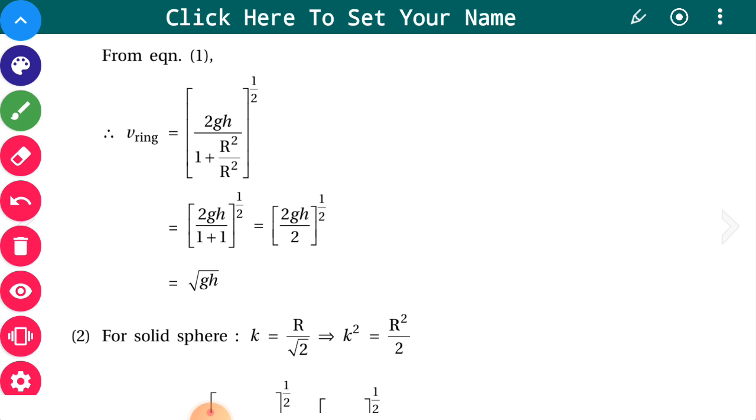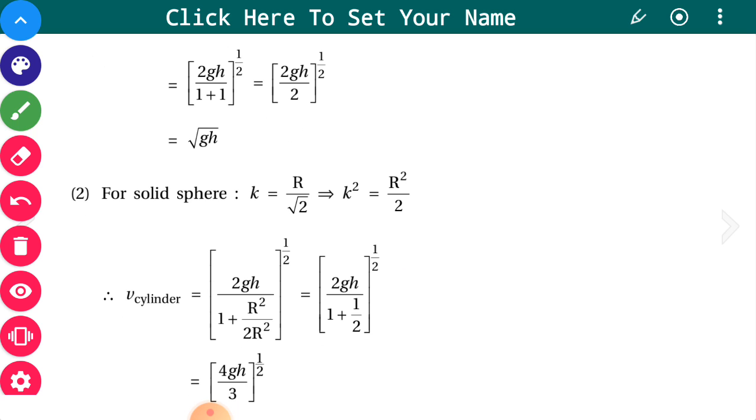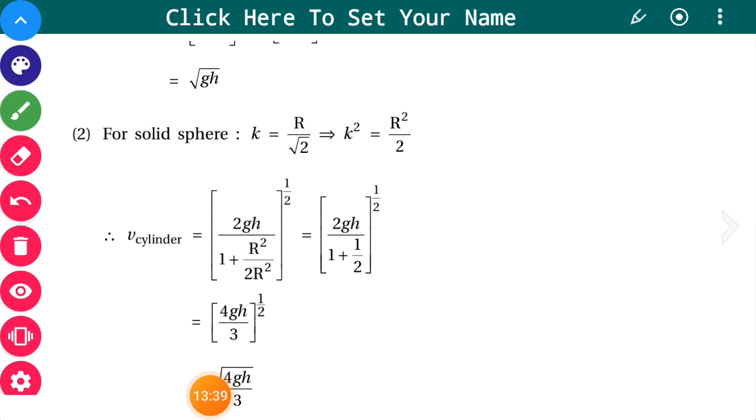Now for the solid sphere, we will have k is equal to r upon root 2. Now, for the solid cylinder as such, this is not the sphere, try to understand, this is a misprint here, this is not for the sphere, it is for the cylinder.